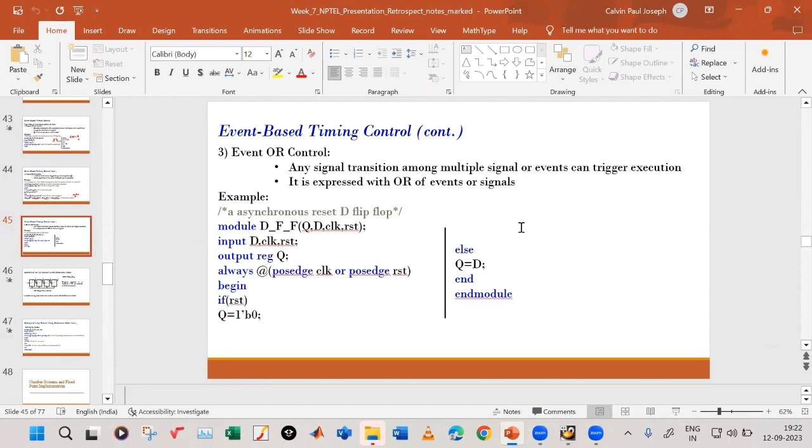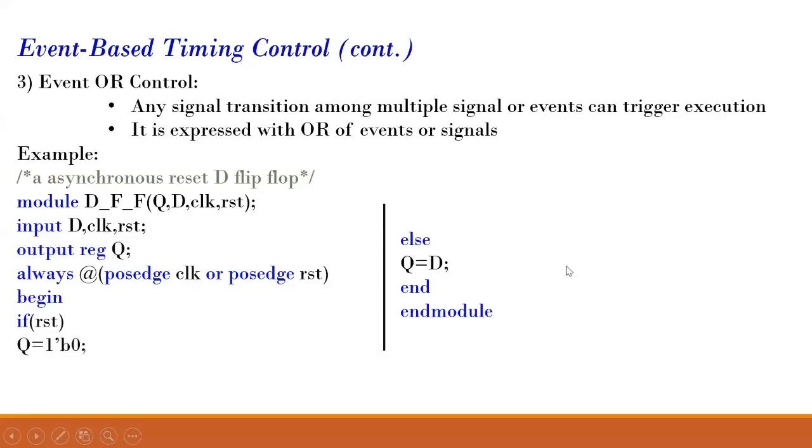Now we can have another type of event, okay, where either, this is my D flip-flop, D, clock, reset. Output is again a register, and there are two events: either the passage of the clock or the passage of the reset.